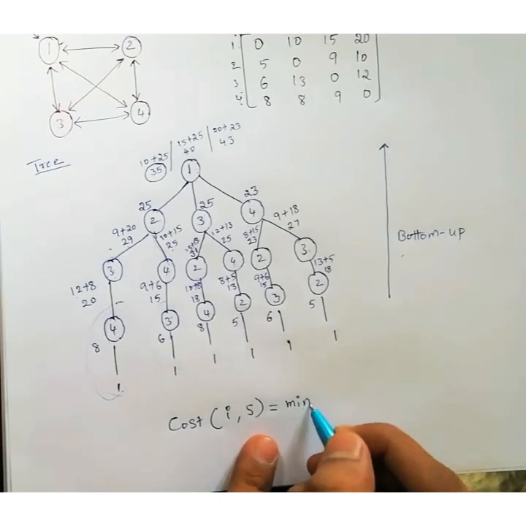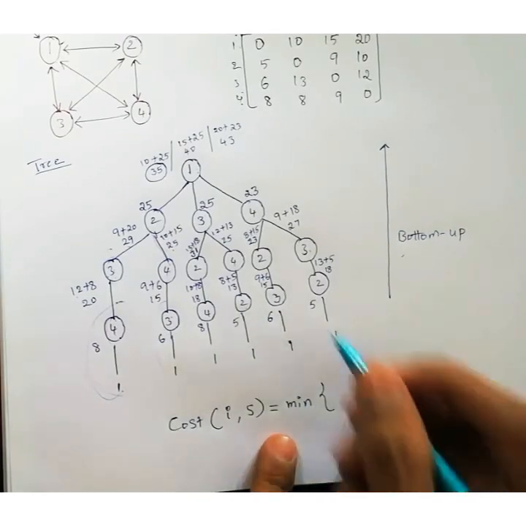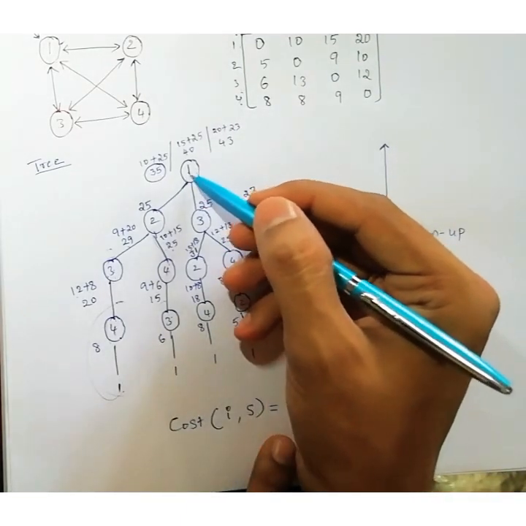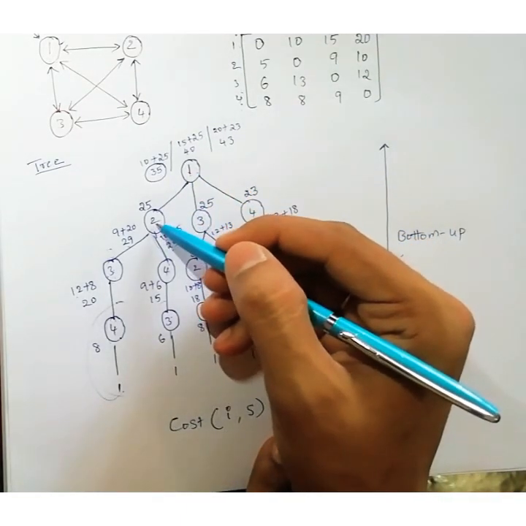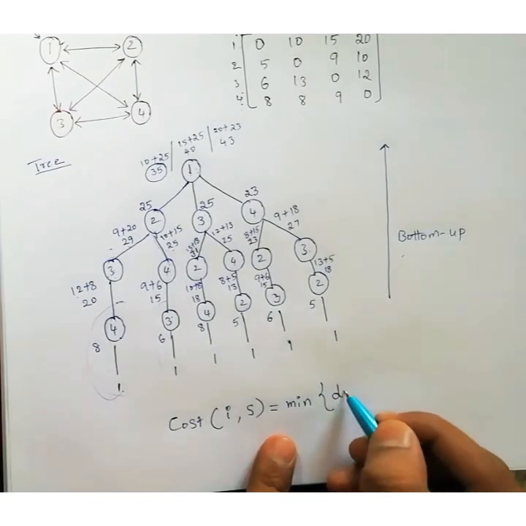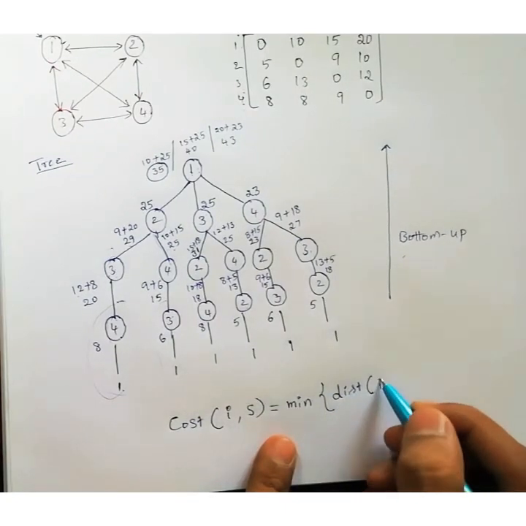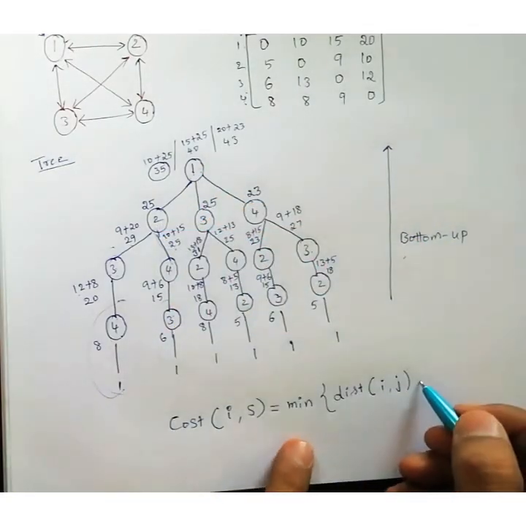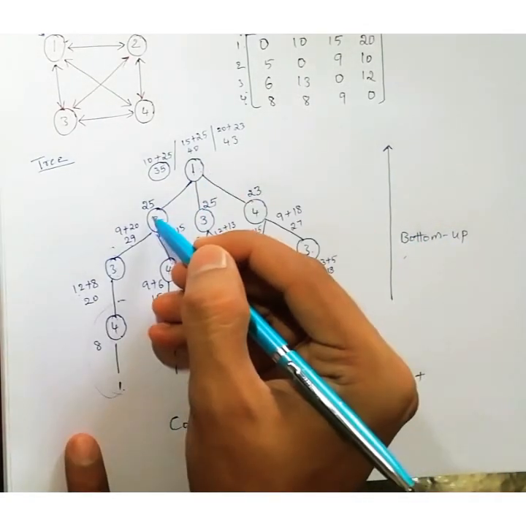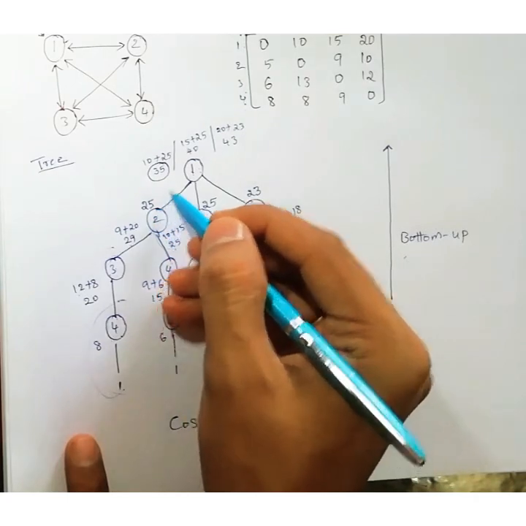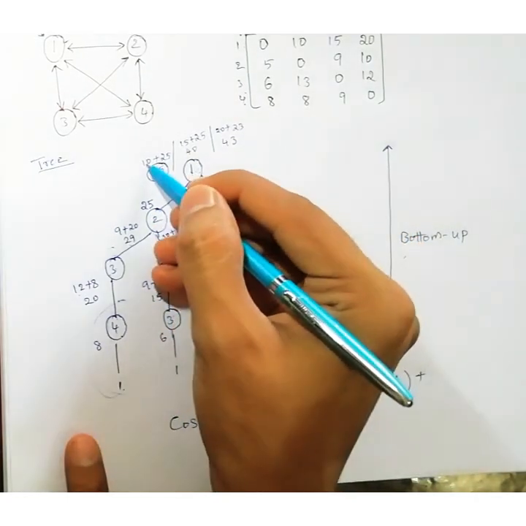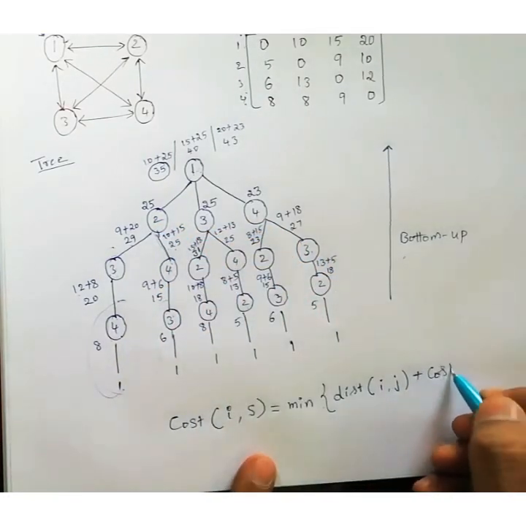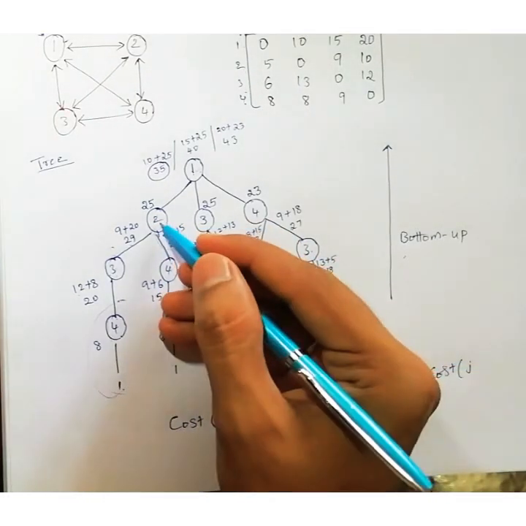Minimum of distance from I to the other vertex, that is J. So I will calculate distance of I to J, that is, from 1 to 2, that is 10, plus cost of this J. Cost of J, what we calculated already.